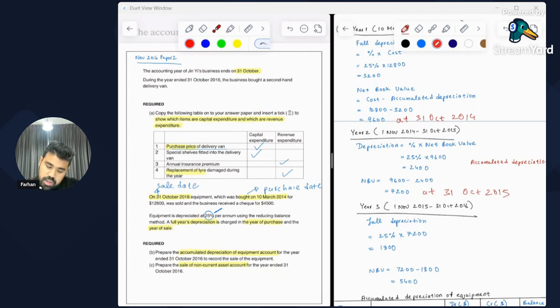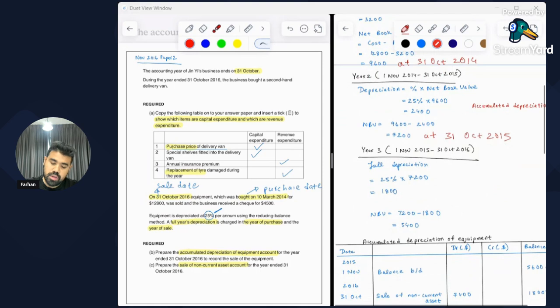Now, in year 3, which starts on 1 November 2015 and ends on 31 October 2016, basically the day the asset was sold, you are to also find a full depreciation based on the company policy. We would be calculating a full depreciation anyway because it had been used in year 3 for the entire 12 months.